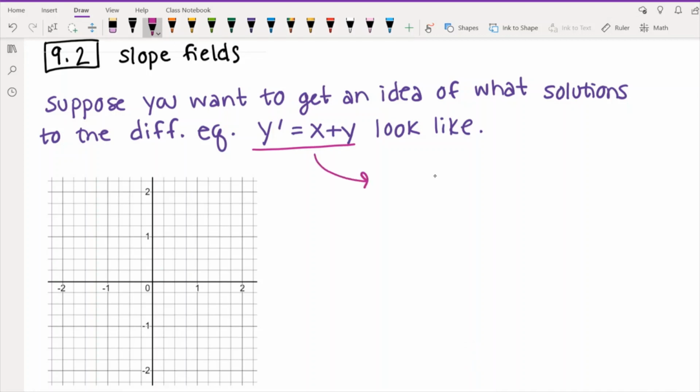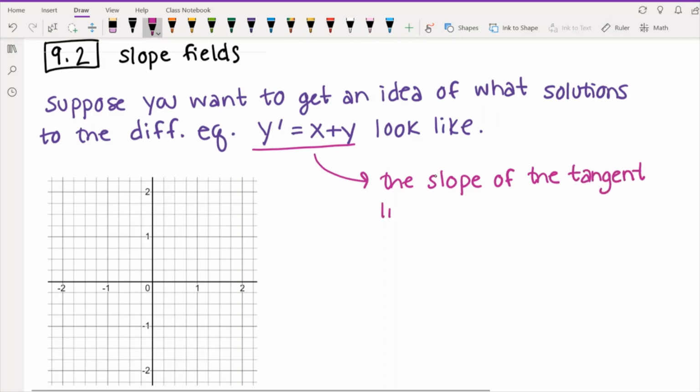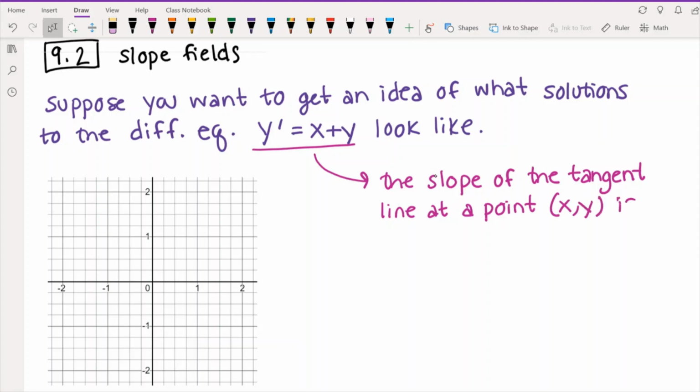What does that mean? That means that if you go to a particular point x, y, the slope of the tangent line, right? Because that's what y prime means. Y prime means the slope of the tangent line at a point x, y is equal to x plus y. That's all I did in this lighter purple is I just took this equation and rewrote it in words.